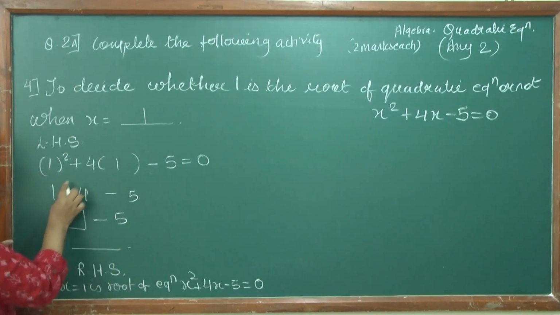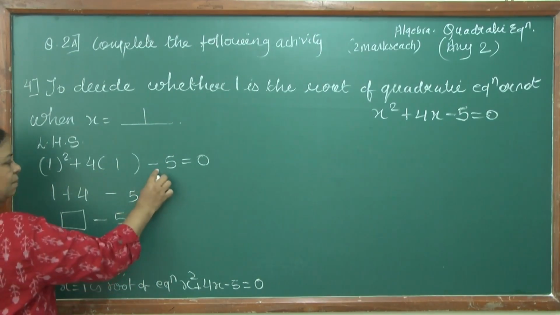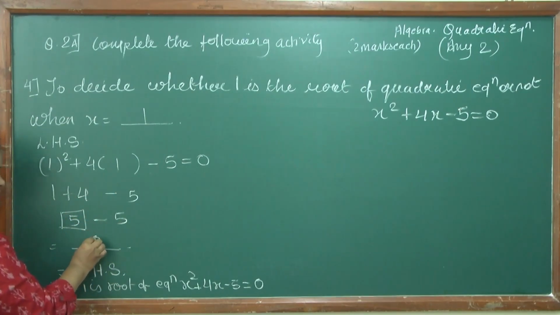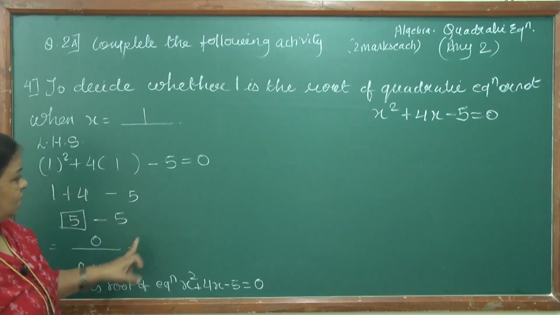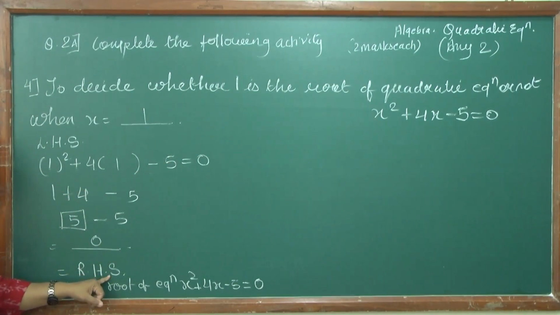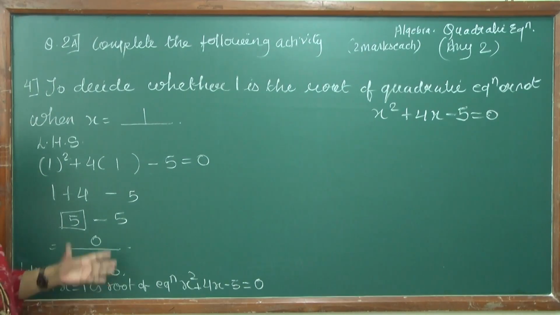So 1 square is 1, plus 4 into 1 is 4, minus 5. 1 plus 4 is 5, 5 minus 5 is 0. And what is there on the right hand side? 0. Therefore, left hand side is equal to right hand side. Therefore 1 is a root of the quadratic equation.